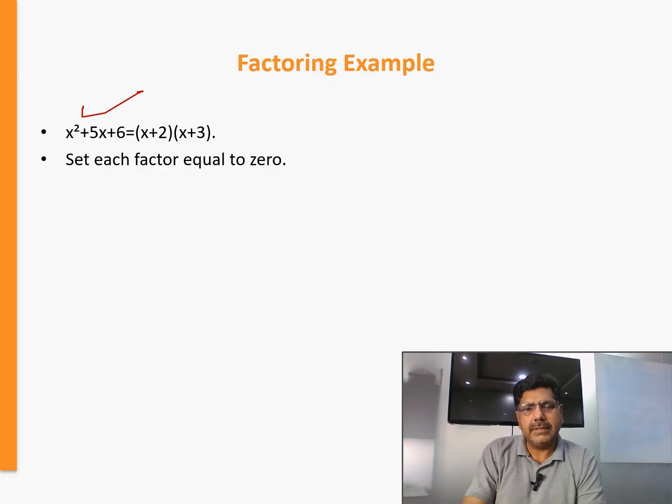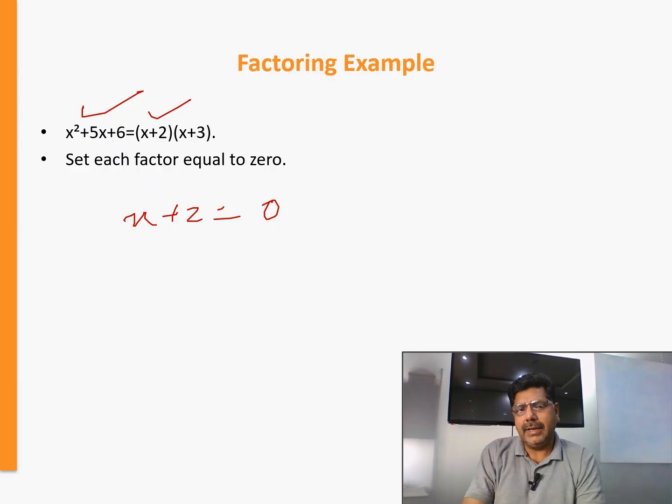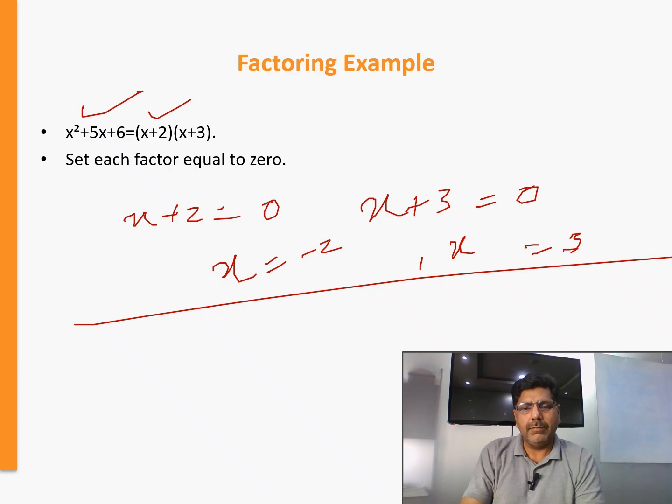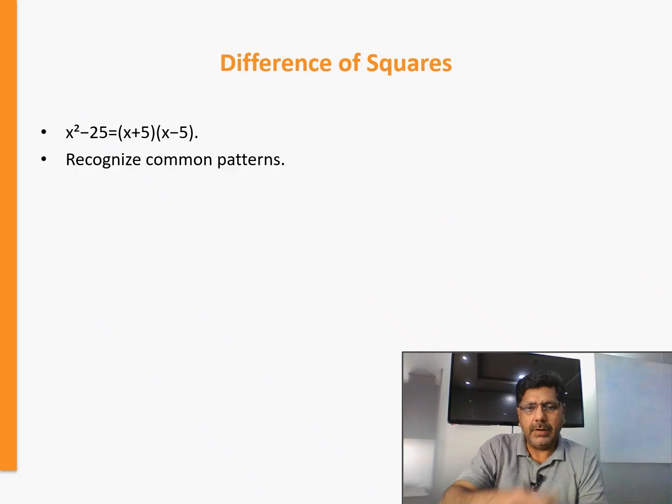This is one example of factorization, and from here x plus 2 equals 0 and x plus 3 equals 0. So the value of x can be minus 2, and the value of x can be minus 3. Similar to this, we will be solving our factoring examples to find the value of x or to find the value of y.